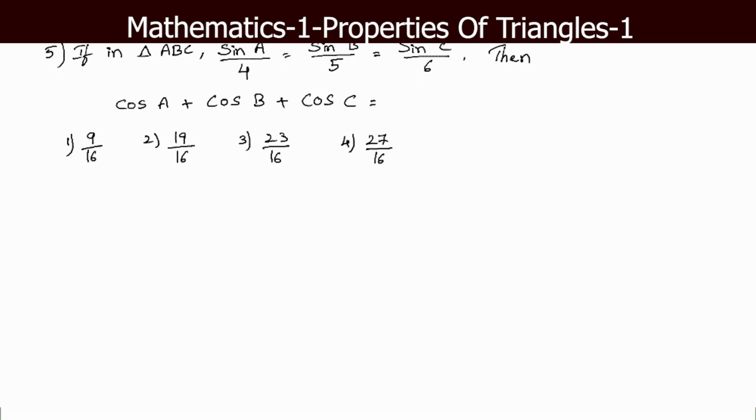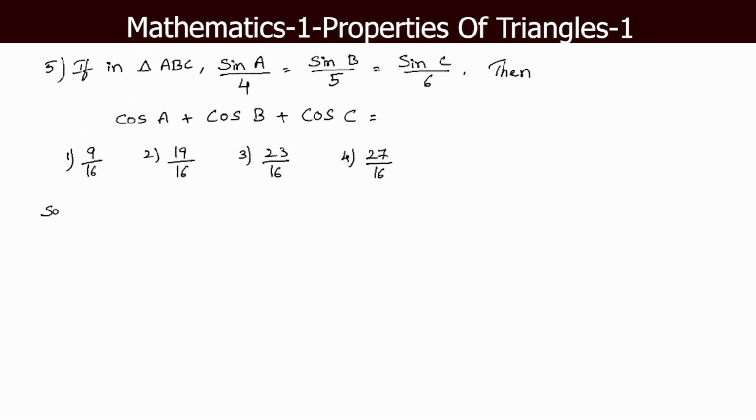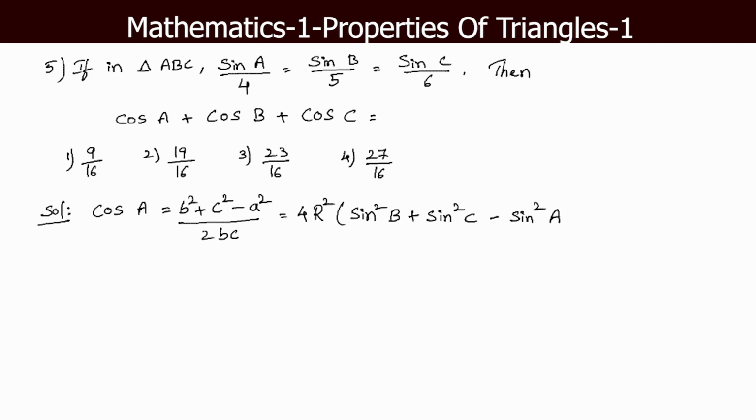And again we use cos A plus cos B plus cos C. So use the cosine formula. Cos A is equal to b square plus c square minus a square by 2bc. Now b square means 4R square sin square B, c square means 4R square sin square C, and a square is 4R square sin square A.